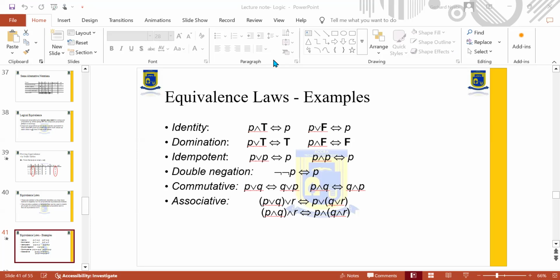conjunction. Stephen, please, your hand is up. You can speak. Stephen, we can't hear you. Hello? Please, I wanted to ask if it can be possible that we get the soft copy of this particular slide.